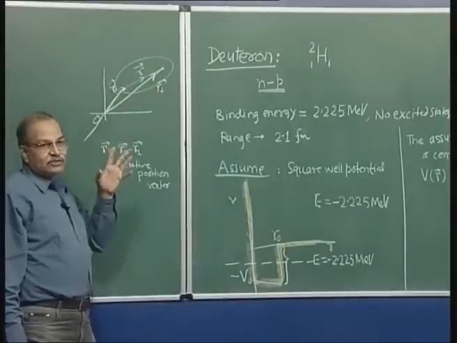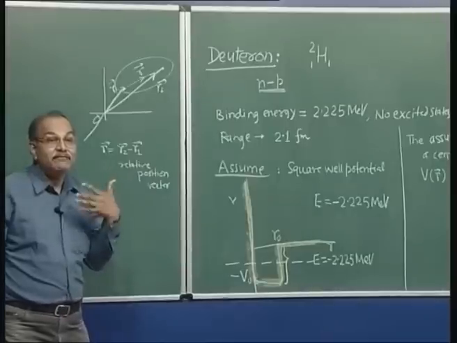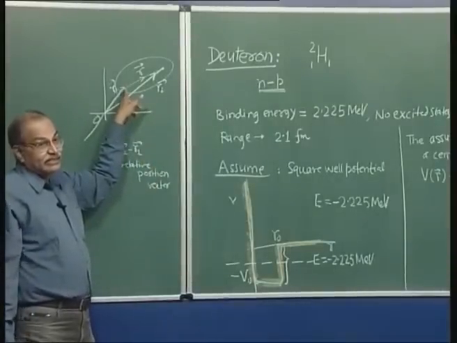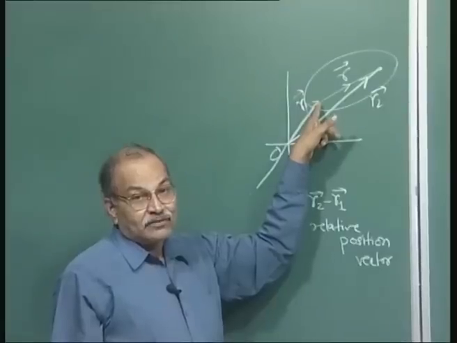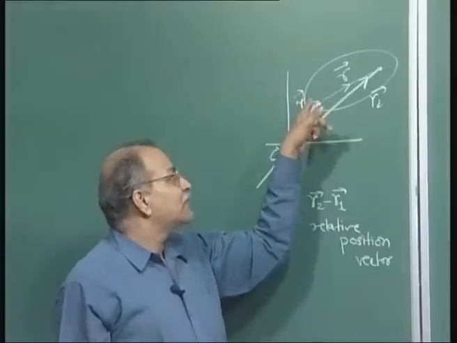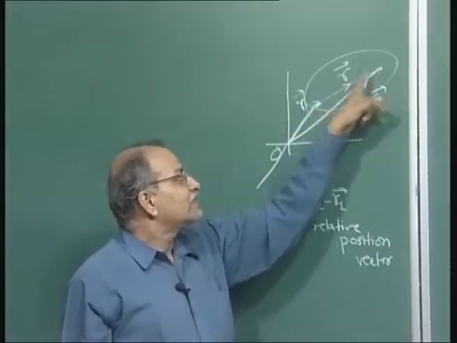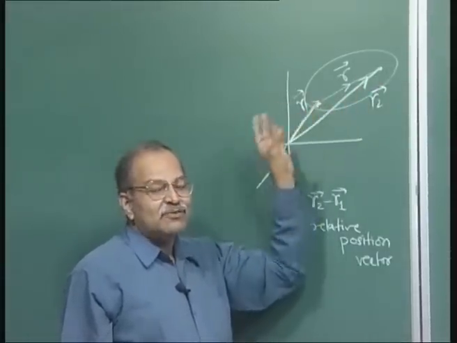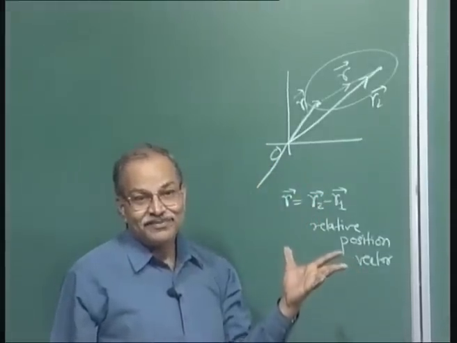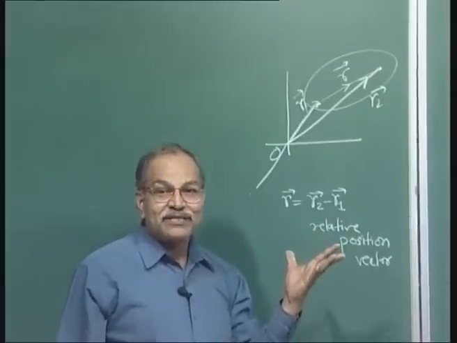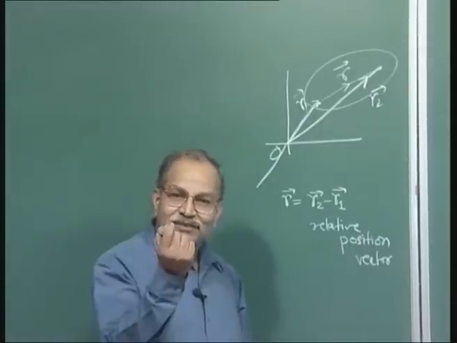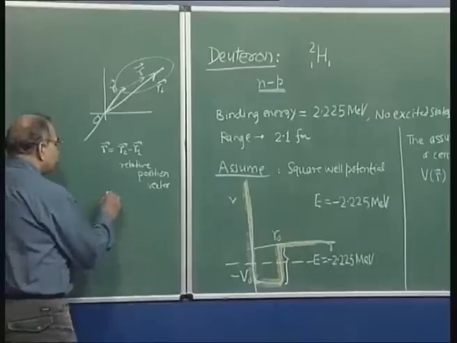So, in a sense you are using a non-inertial frame, because this particle itself will have acceleration, if I use classical physics terms, because of force from the second particle. I am putting my observer here and looking at the second particle from the first particle. So, I am using a non-inertial frame, and I must use some correction terms. It turns out that all those correction terms can be taken care of with a simple change in the mass that you use.